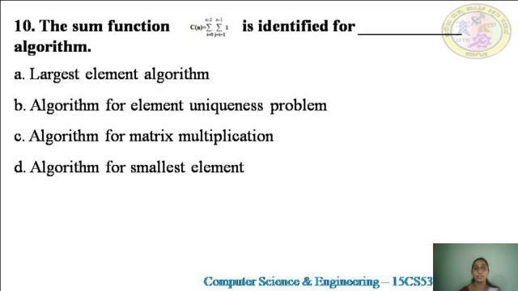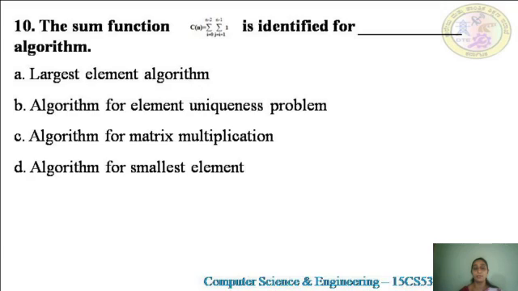Okay. Now, the last question of this session. The sum function sigma of n is equal to theta of n is equal to sigma of i is equal to 0 to n minus 2, sigma of j is equal to i plus 1 till n minus 1 of 1 is identified for dash algorithm.